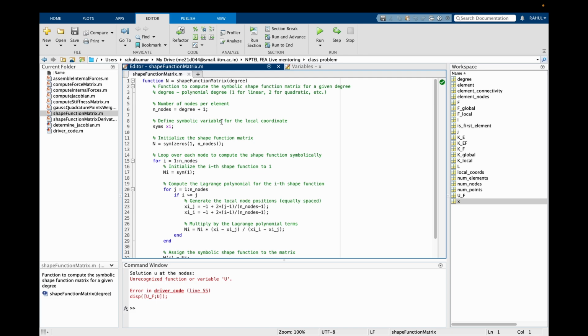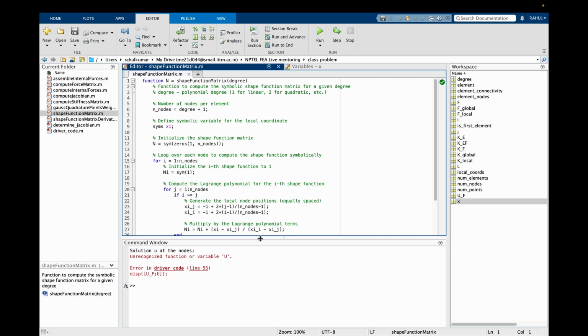So here you can see that I have created a shape function matrix. When the degree is 2, how many nodes will be there, can you tell me? When we are taking the polynomial degree as 2, how many nodes will be there? 3.